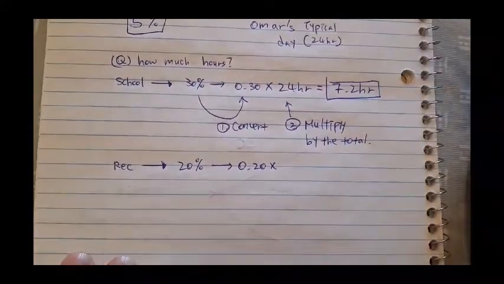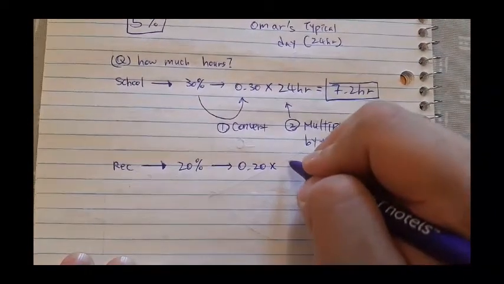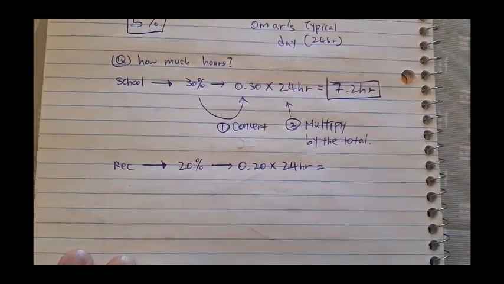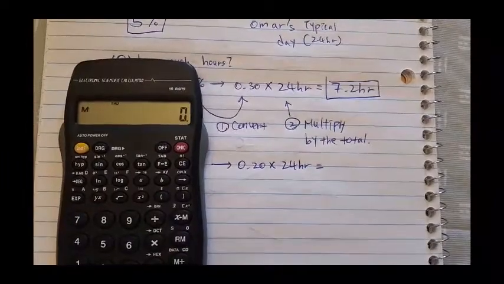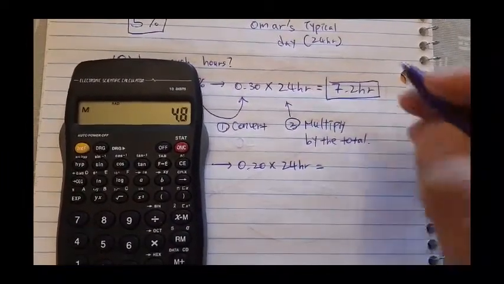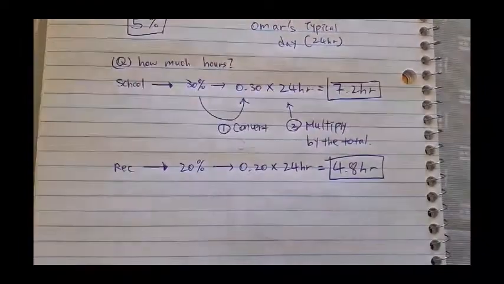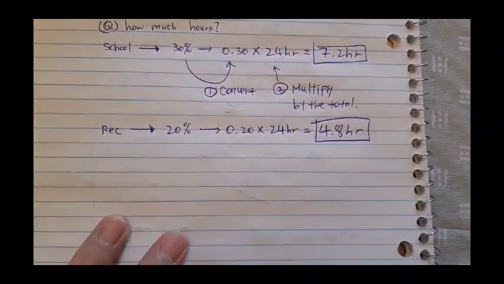Depending on other examples, it may not be a total time. 0.20 multiplied by total amount, 24. Now, next step, use your calculator. 0.20 multiplied by 24 is equal to 4.8. That is 4.8 hours.